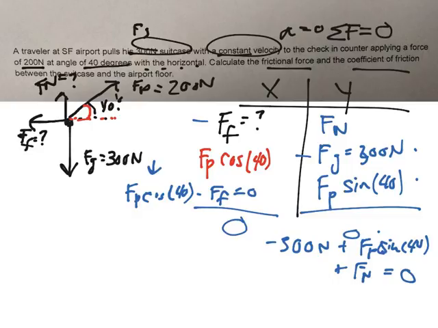And then we also know that friction is just equal to mu times Fn, although we do not know the mu, but we can very easily find out what the friction force is.